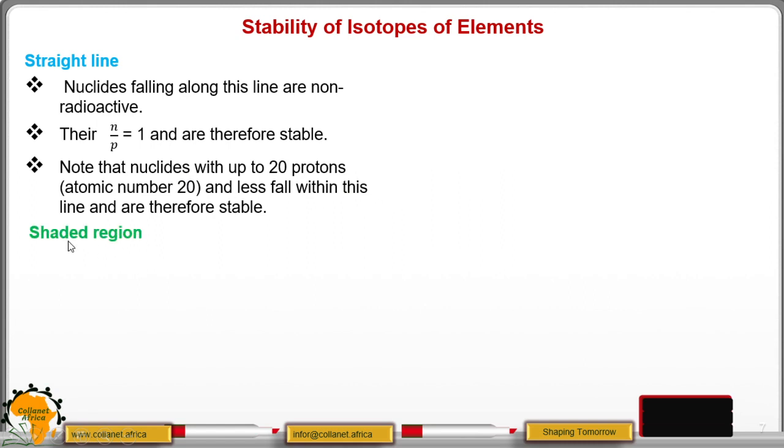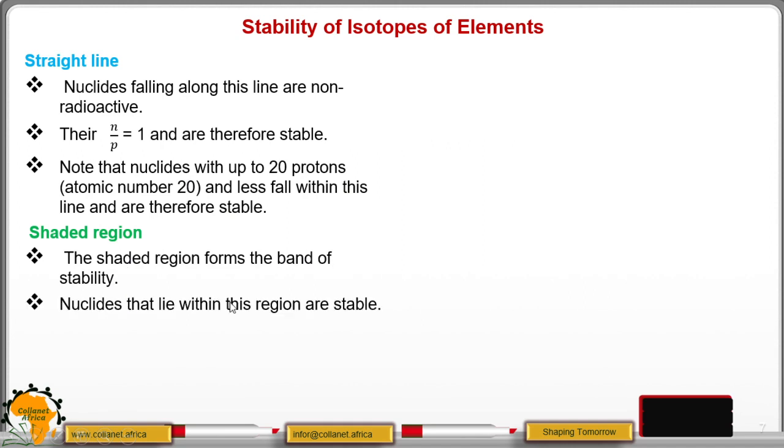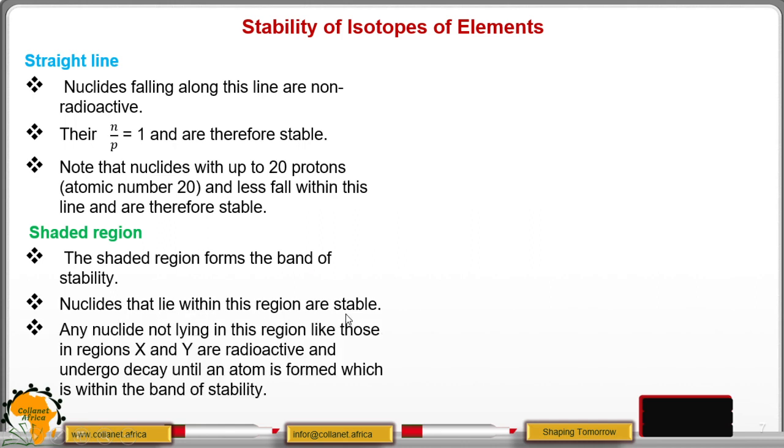But when we come to the shaded region, this shaded region forms what we call the band of stability. The nuclides that lie within this region are still stable. Although the ratio is not 1:1, they still lie within the stability region. And we have seen in our previous part that all stable isotopes lie within the shaded region in our graph.